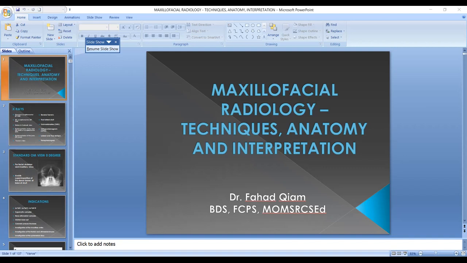As you know, this is the session which is dedicated to mid-face X-rays. So the standard OM view, which stands for occipitomental, is basically for the facial skeleton and for the maxillary sinus. The way this X-ray is taken is that the patient is asked to tilt their head upwards.